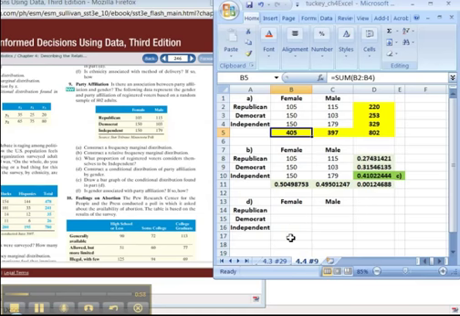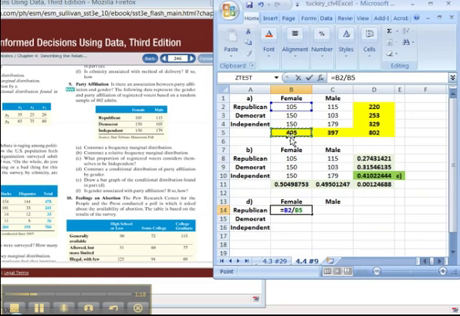If you look at all the females, what proportion of them are Republican? What proportion are Democrats? What proportion are independent? That's what you want to know. Basically I need to take this number, 105, and divide it by this number, 405.